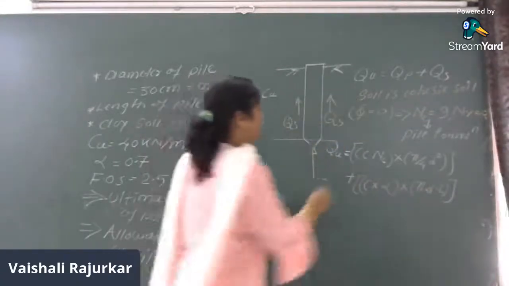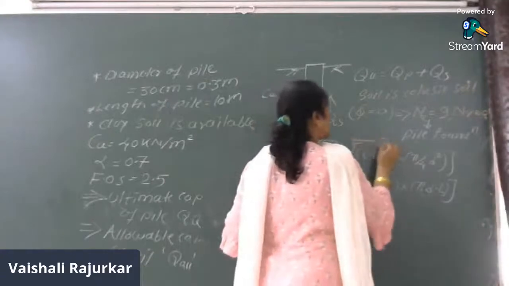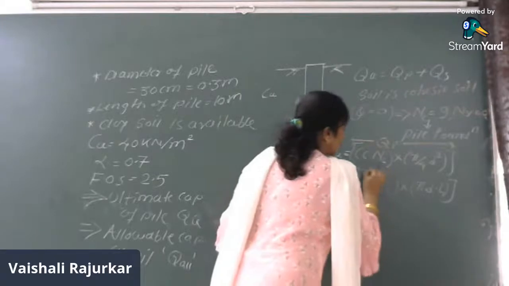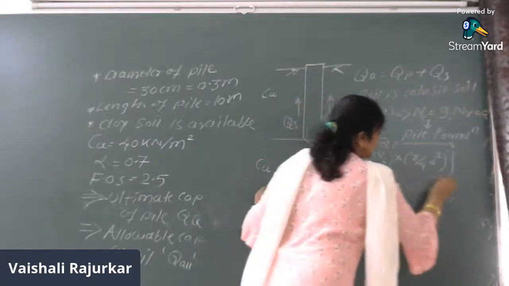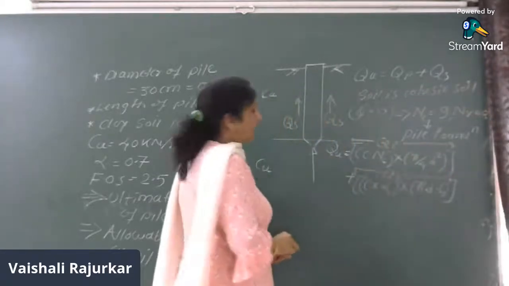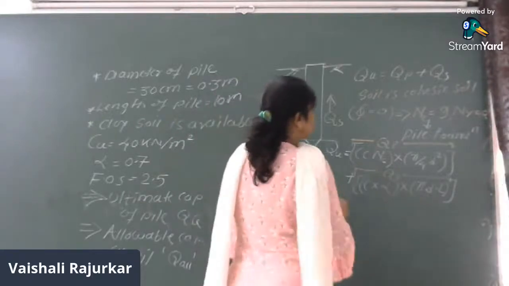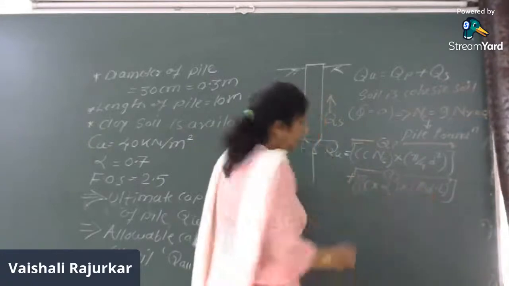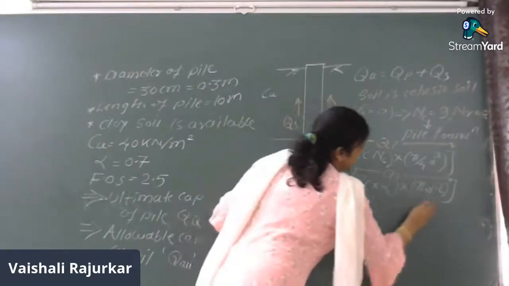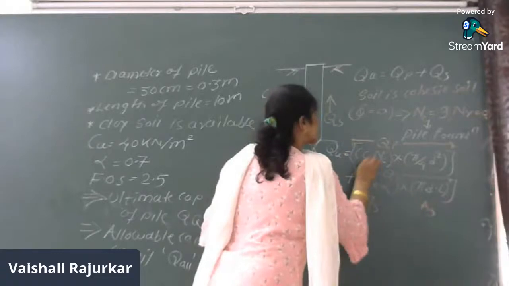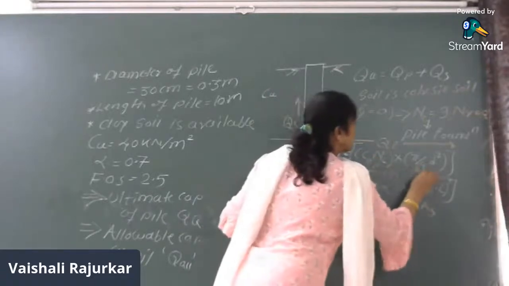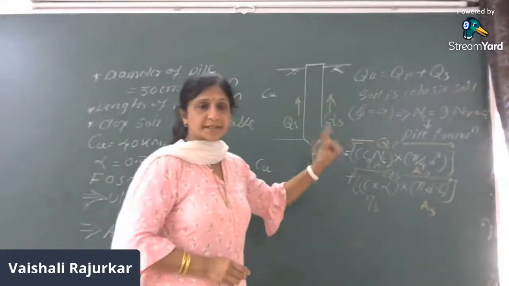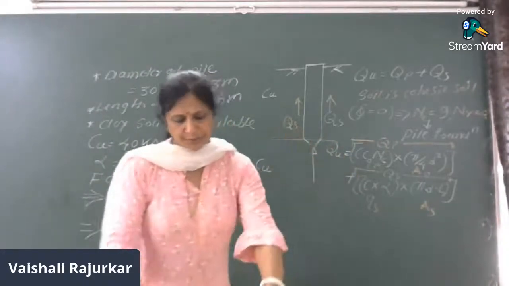So this component is QP and this component is QS, right? And this we will consider as QS AS, QP AP. So here this is QS and this is AS. Here this is QP and AP. I think this is clear to you all, because we have already discussed this in the previous lecture also, right?